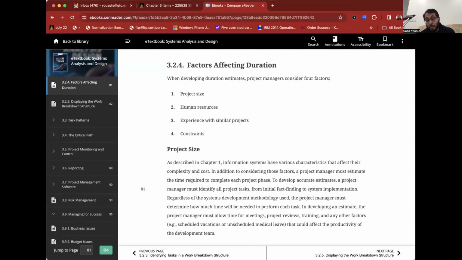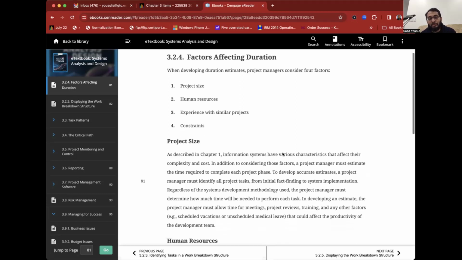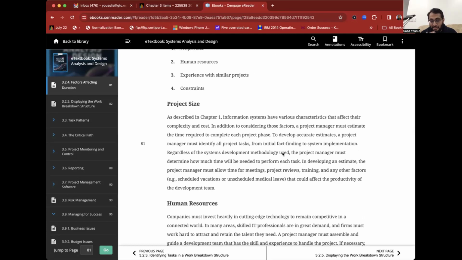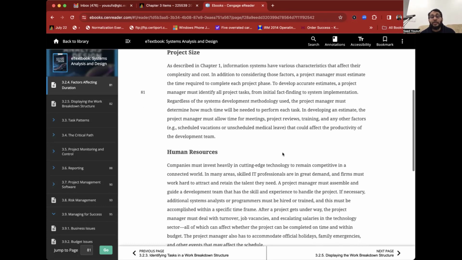If you have worked with something similar in the past, it really truly helps everybody get up to speed. And constraints. As far as the project size is concerned, when the project comes in, you go through the preliminary investigation, you do your fact finding, you get an idea of how big of a project it is. Likewise, you have to come up with the schedule. Likewise, you have to align resources.